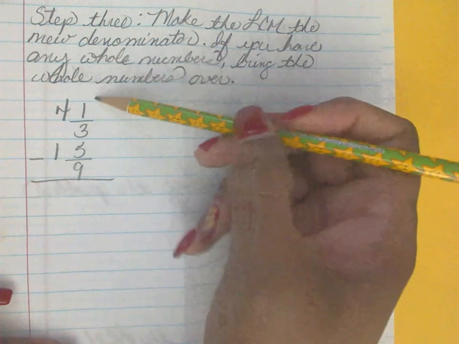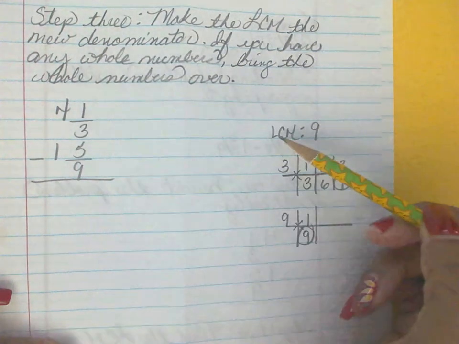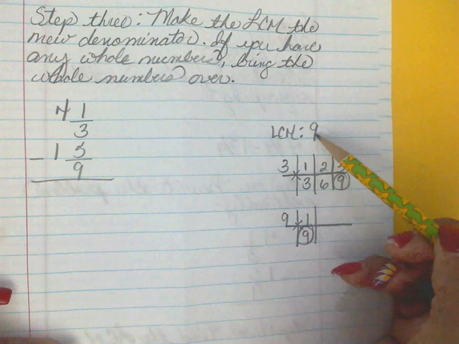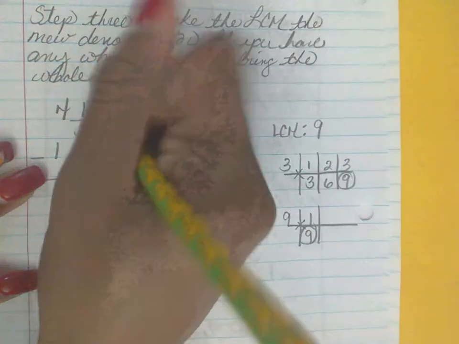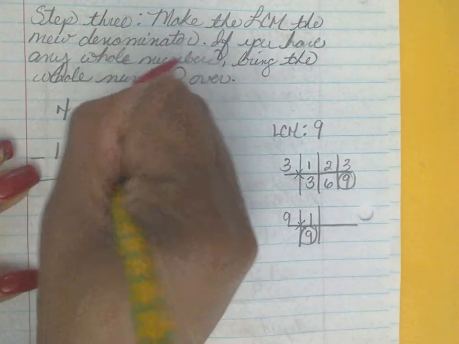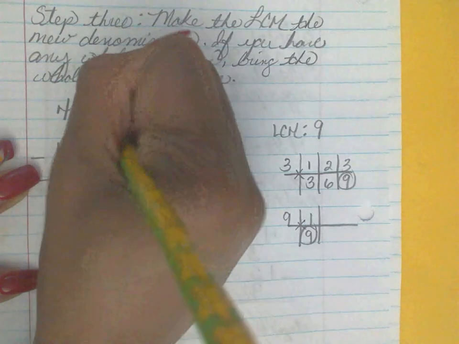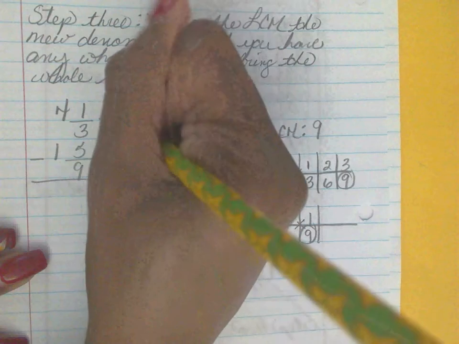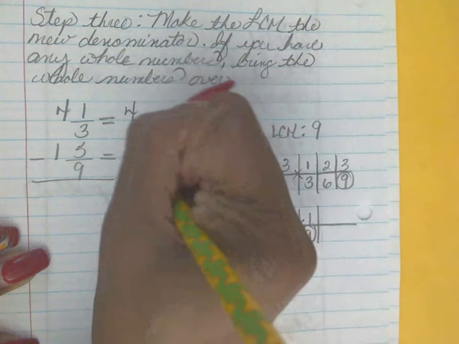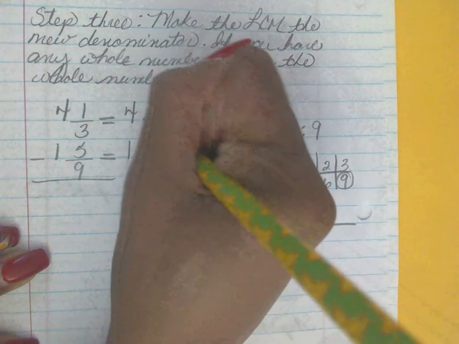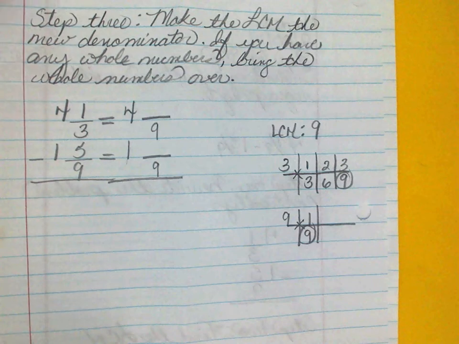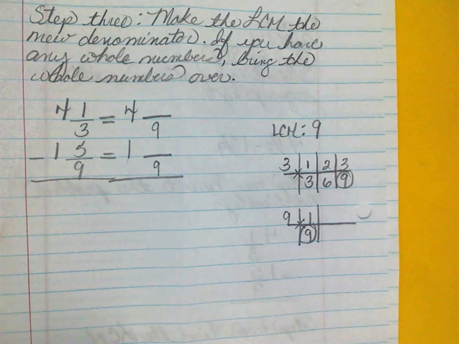Step 1, write it vertically. Step 2, LCMs. Step 3, use your LCM as your new denominator. But bring those whole numbers over, because this equal sign means it's the same. If you do not bring the whole number over, it will not be the same. So we use our new denominator, and that's all we do from there because that's what our rule says to do.